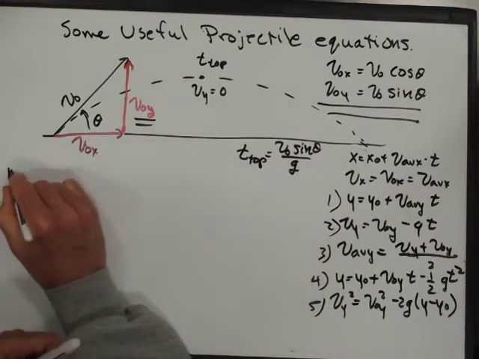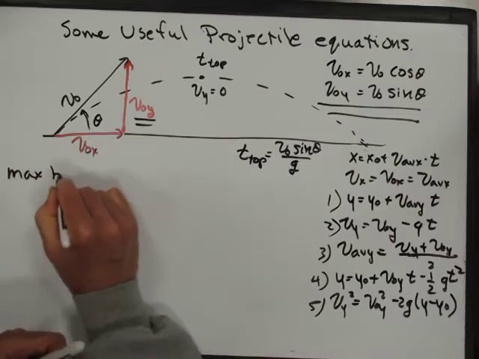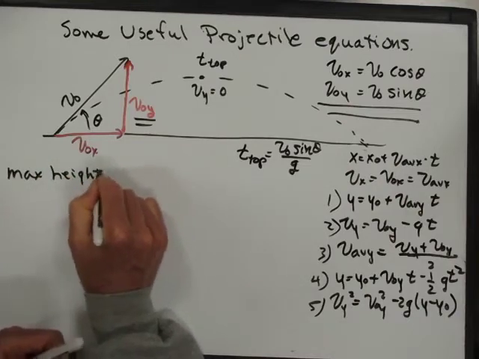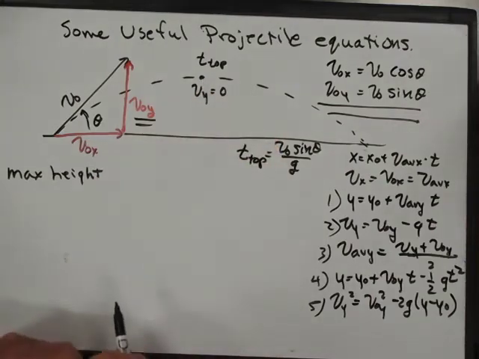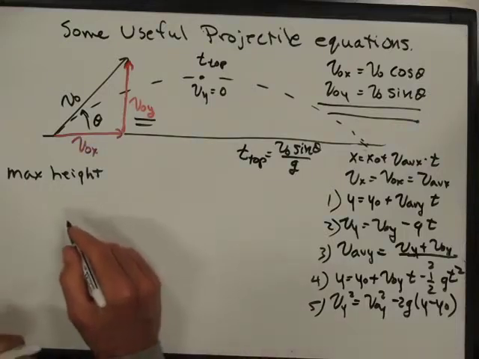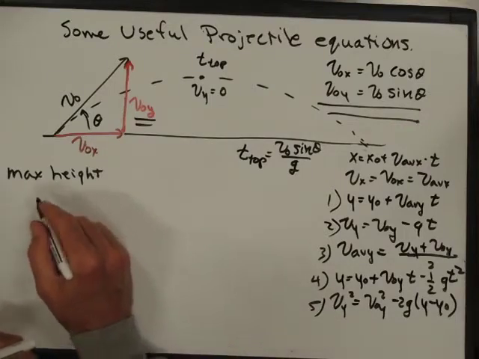And then we can say the maximum height is just the value of y at this time, right? And so we could calculate that from equation 5 if we wanted to, right?